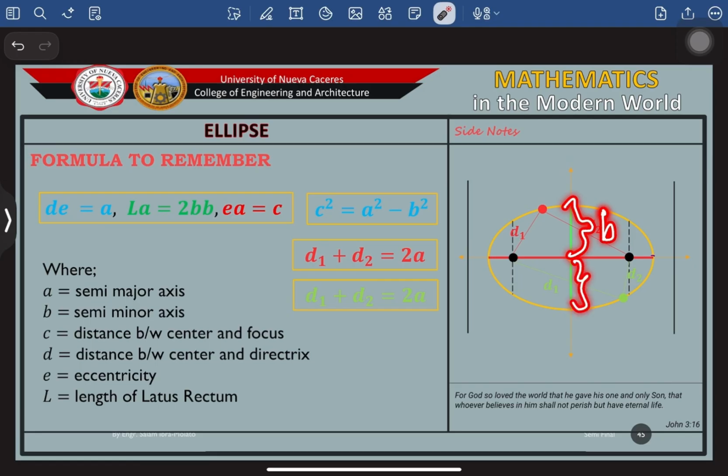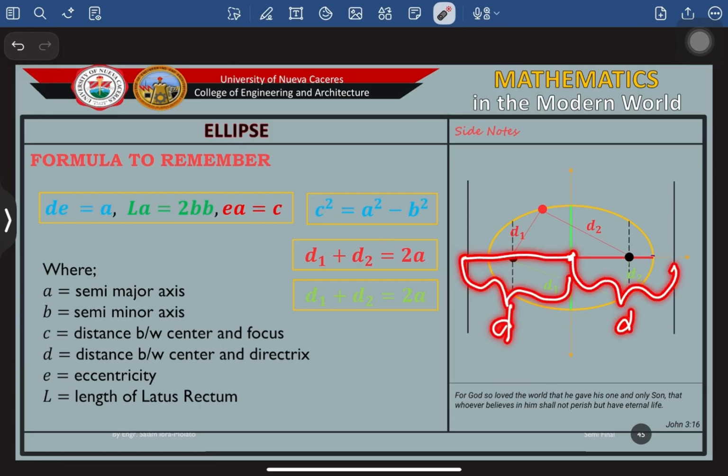So B, negative B. Then C is the distance between the center and the focus. This is the C. Then D is the distance between the center and the directrix. So this is the distance D.